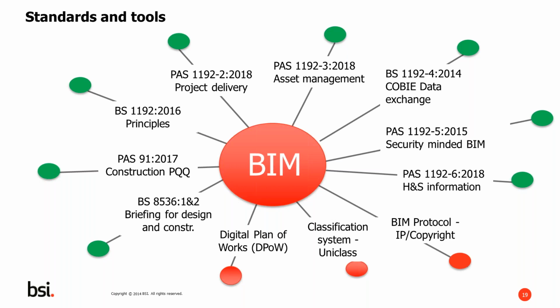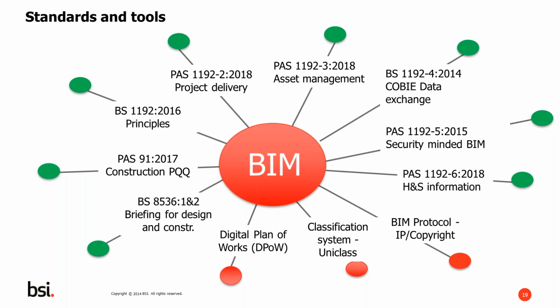It's worth noting that government also has nominated 3 other tools to help support industry with the adoption of BIM. The first one, on the bottom right-hand side, is the BIM protocol, which effectively outlines intellectual property and copyright issues, and is a contractual document that should be used when specifying BIM.